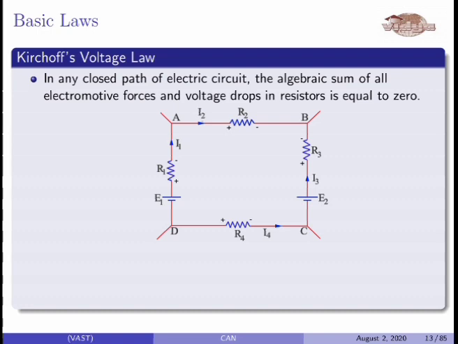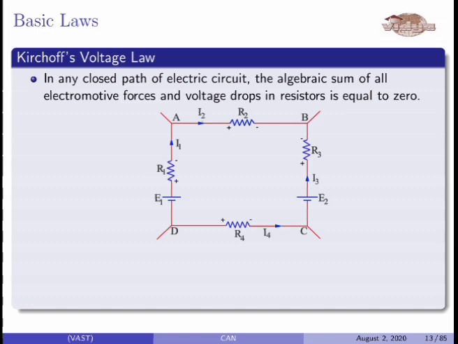The polarity of the voltage drop depends on the current flow. In the resistance R2, the current I2 is flowing from A to B in this direction. That's why at this end we marked a plus, and here the current is leaving and we marked a minus sign. That's how, depending upon the current direction, we have to mark the polarity of the voltages.